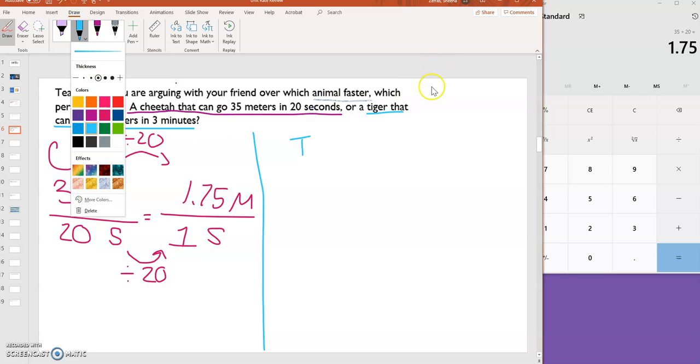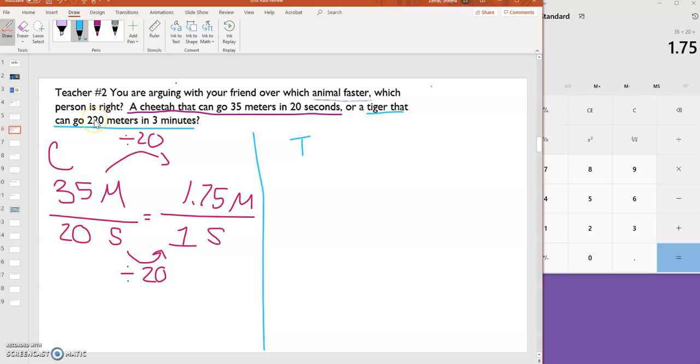It's important to note when I look at the information for a tiger, I have meters, but then I have minutes. So I do want to convert my minutes into seconds because that's what my cheetah was given to me in. So 220 is fine to stay, but 3 minutes is going to total 180 seconds. 3 times 60 there.